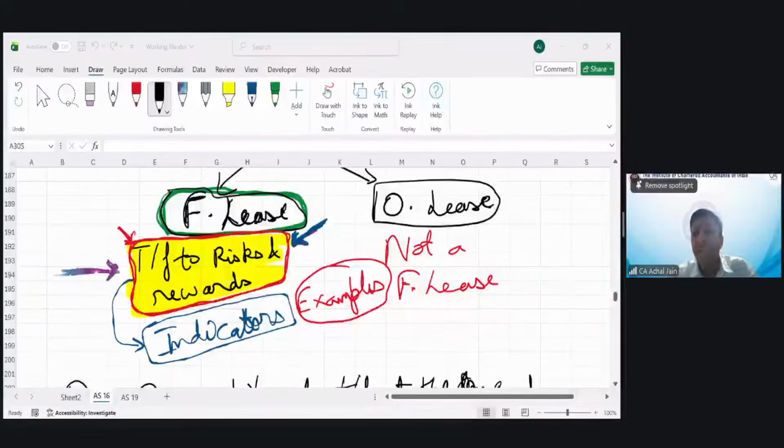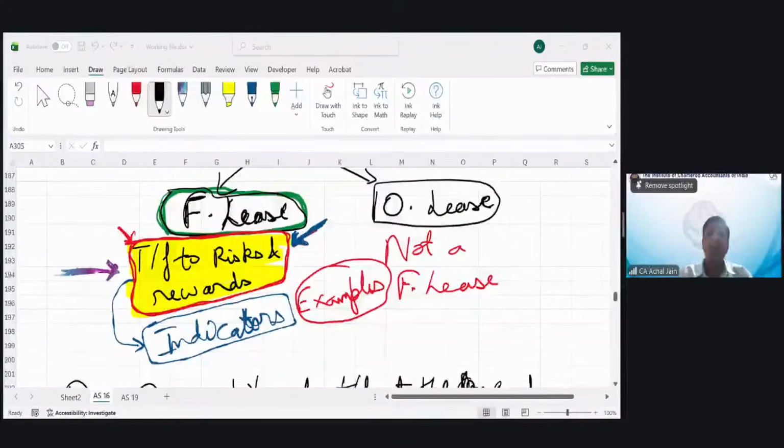See, every time you have to analyze something, first of all, you should give the guidance which is there as per the accounting standard. Let's suppose you were to evaluate a given situation, whether it's a finance lease or not. First of all, you will explain the situation with the help of the guidance, on the basis of any of the indicators. Once you explain that, that is when you will give the conclusion.